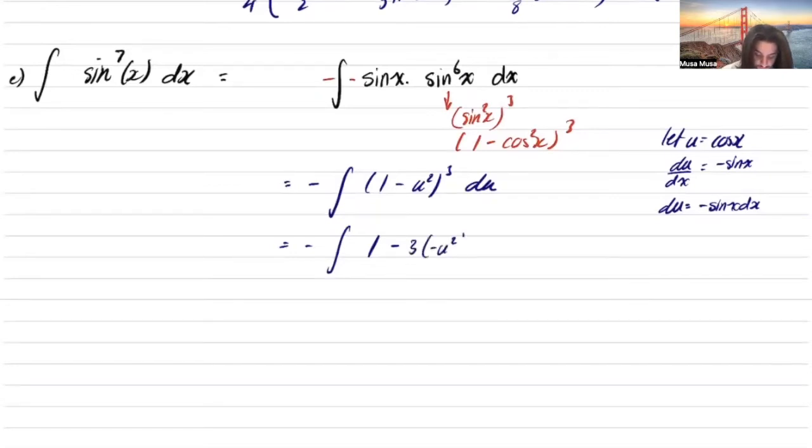Again, expanding this, we get 1 minus, and it is 3 times the first term squared times the second term, plus 3 times the first term times the second term squared, like that. I don't know if I'm making sense, but you have your binomial expansion of this, and then minus, and then that's u to the power of 6 du.